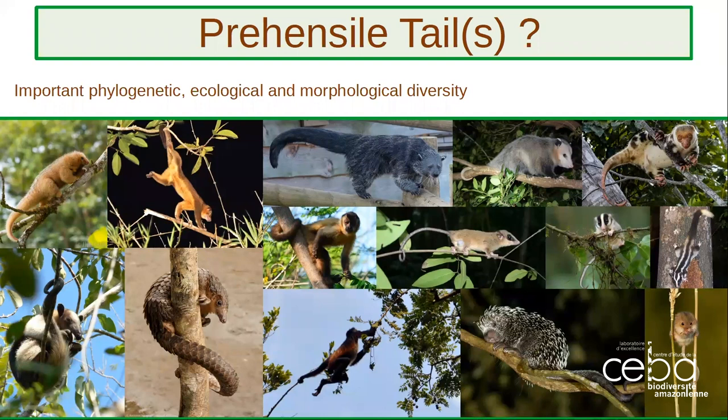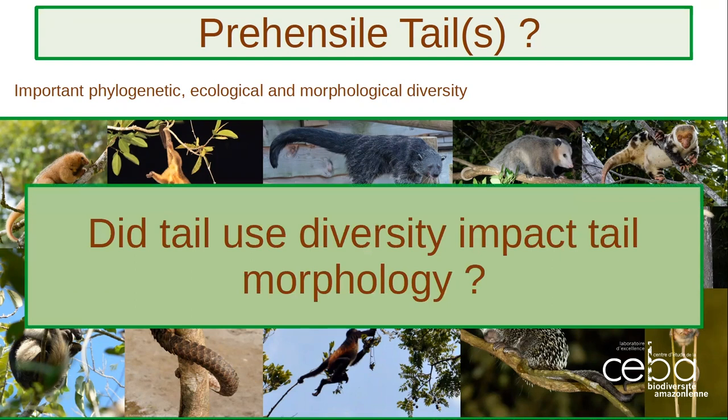And lastly, as I said, those species are fairly diverse, and actually they might also be diverse in the way they use their prehensile tail. And if there is such a variation, we can ask ourselves how tail use and tail morphology can be linked.